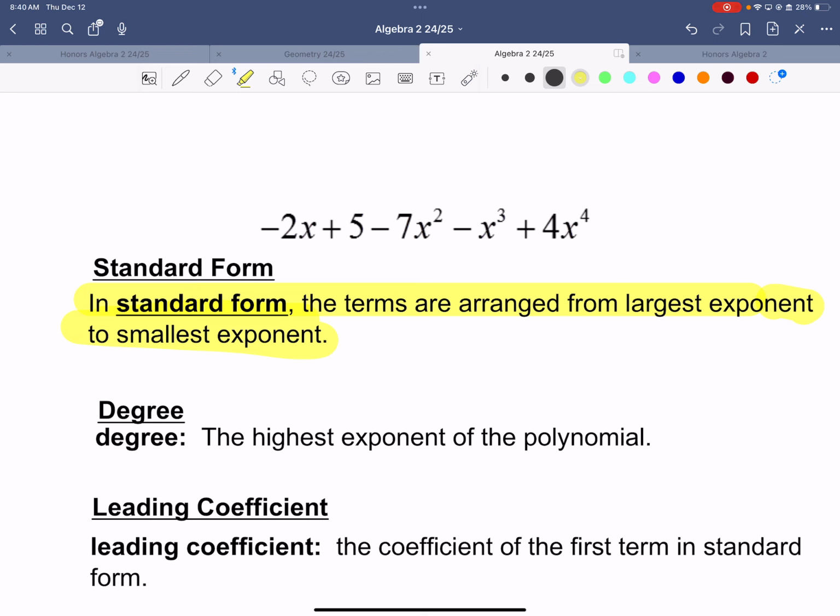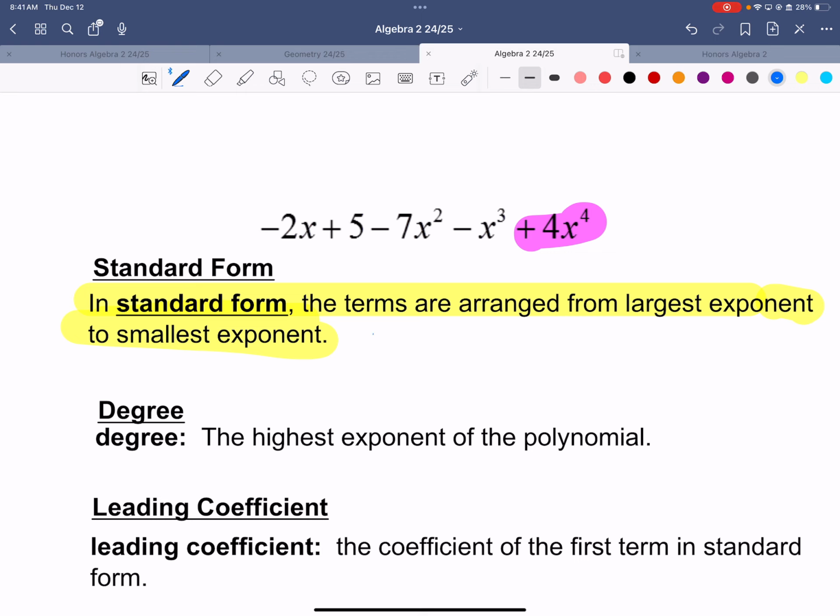So if we have this big, huge thing and want to put it in standard form, we find our largest exponent, which in this case is 4x to the fourth. We're just going to rearrange it. We're not changing any signs, and we're not moving anything from one side of an equation to another.